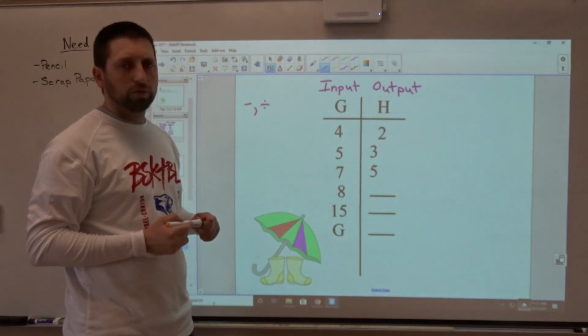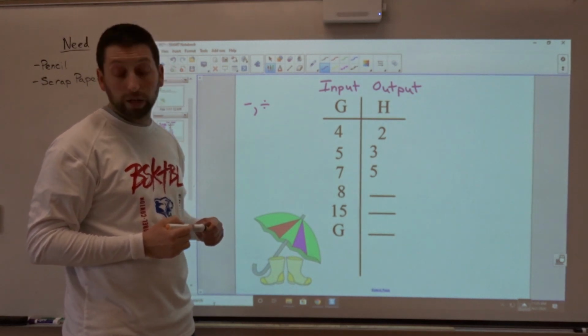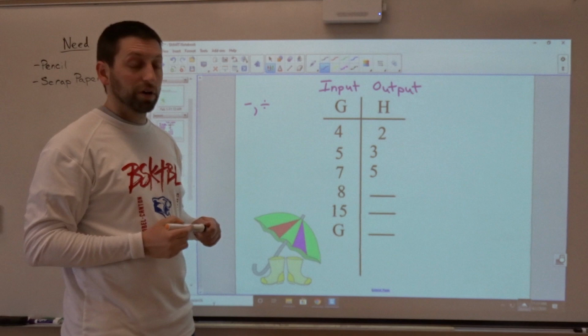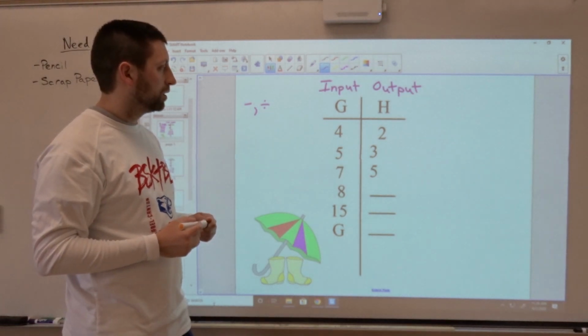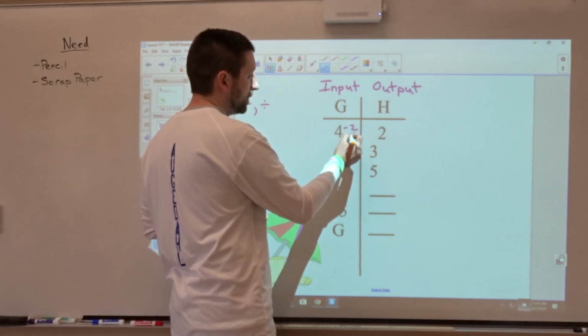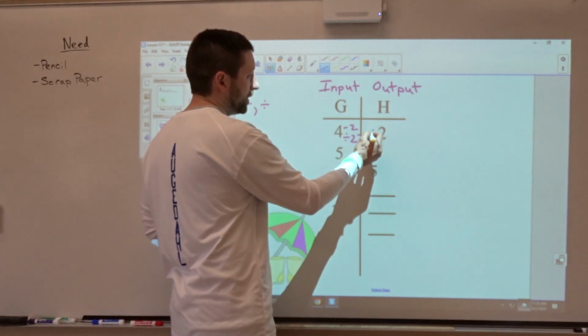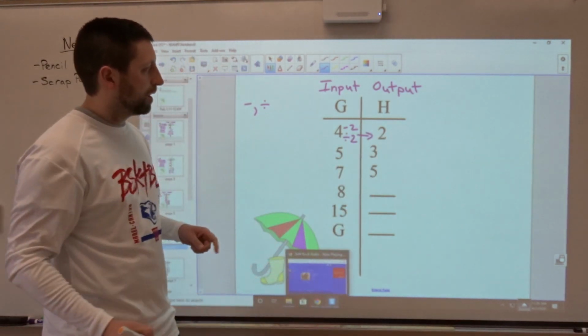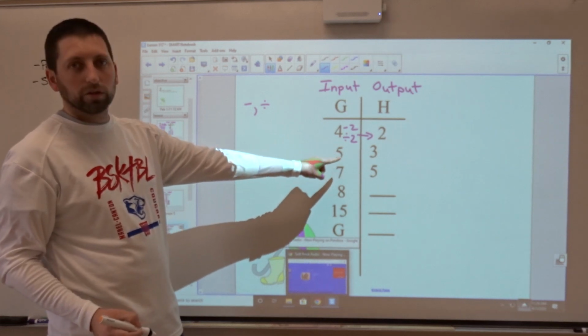So to go from 4 to 2, I could take away 2, or I could divide by 2. So it could be 4 minus 2, or it could be 4 divided by 2, and that would get us here. So we have to take a look at the next one so we can figure out what the rule is.